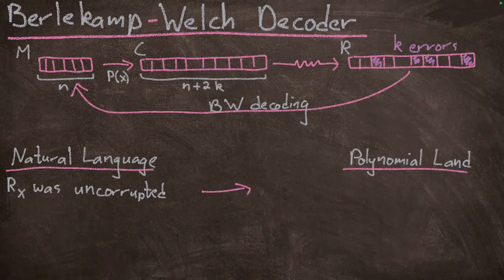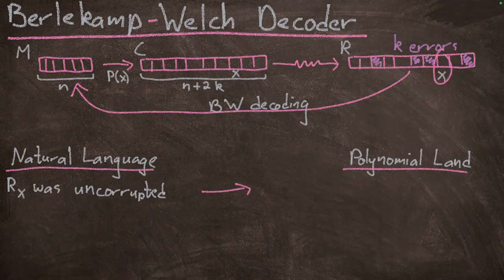That is, r at index x was uncorrupted. So let's say there's some index x up here. There might be a lot of errors, but not at x. X is one of the places that's uncorrupted. It's one of the ones that's not scribbled out. Right? So that's what we're saying in natural language.